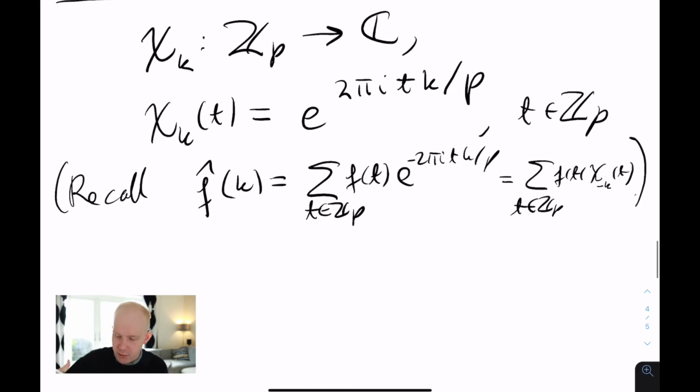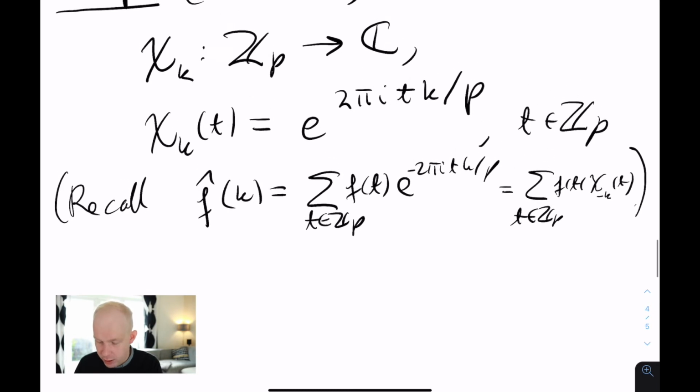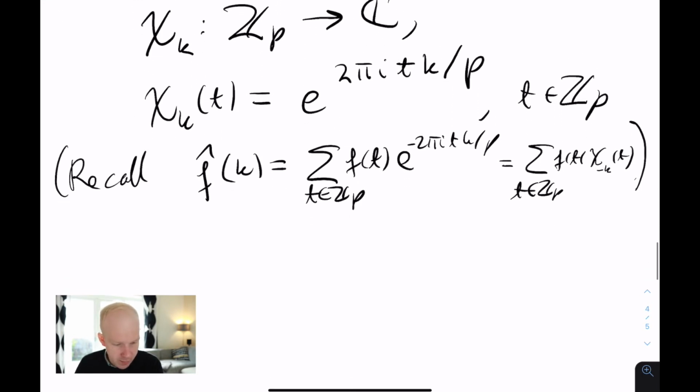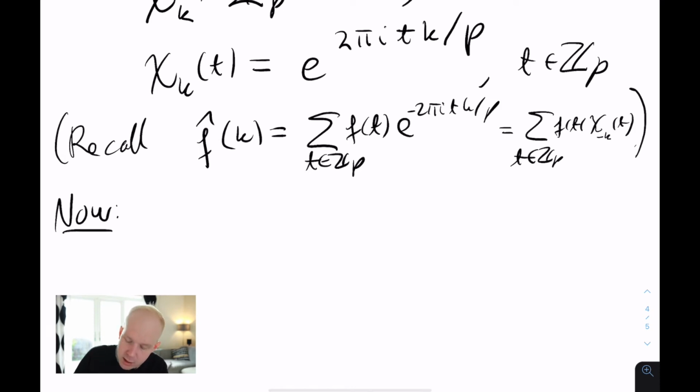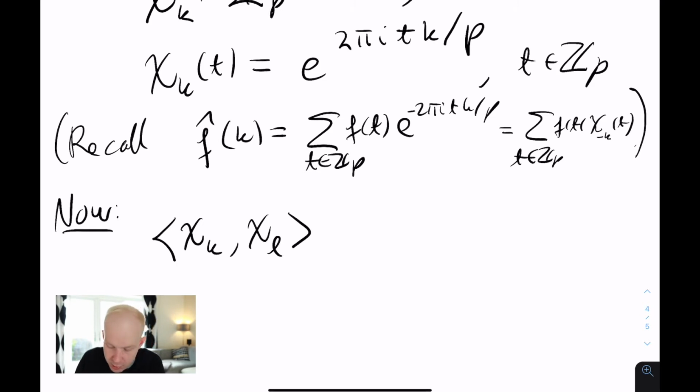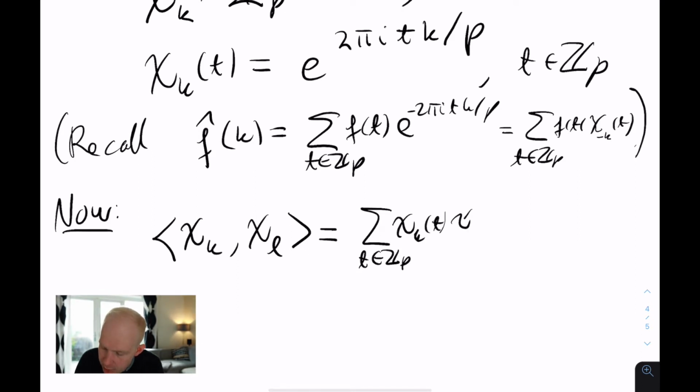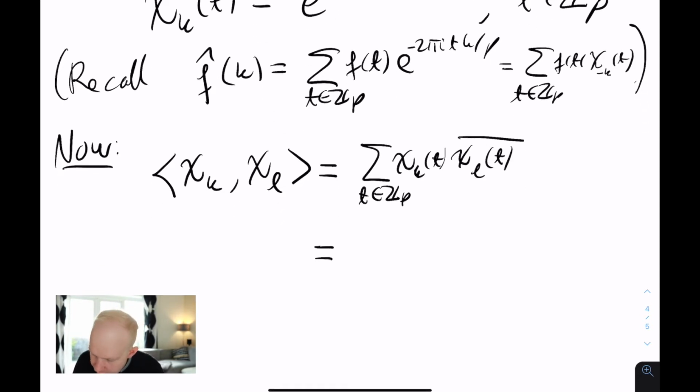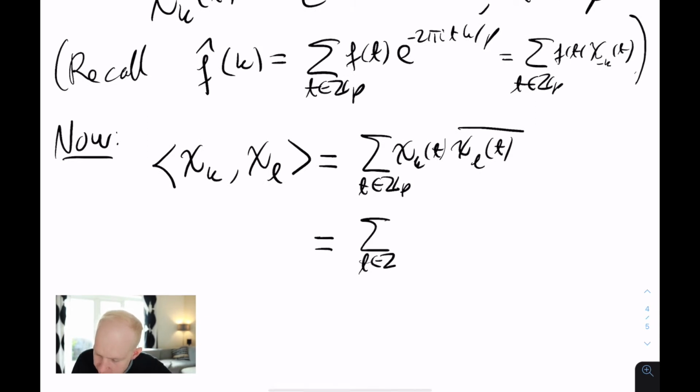The reason is that then you can write functions in terms of basis functions using these so-called characters. So now we see that if you take the inner product of these characters, chi k and chi L, and open the definition of the inner product, you get chi k of t and chi L of t with the complex conjugate, and you sum over Z_p.